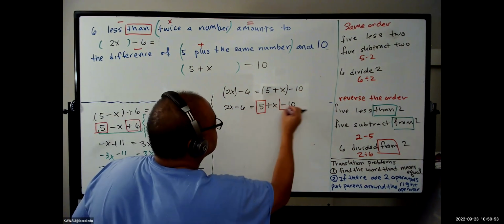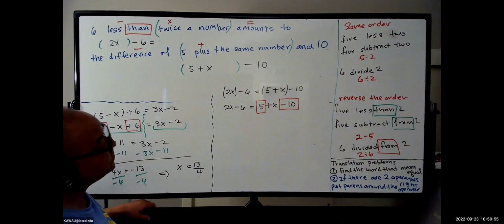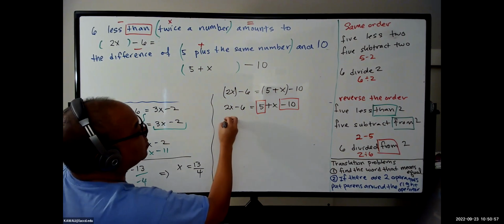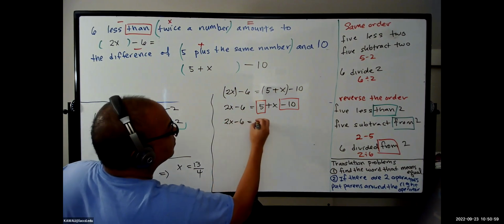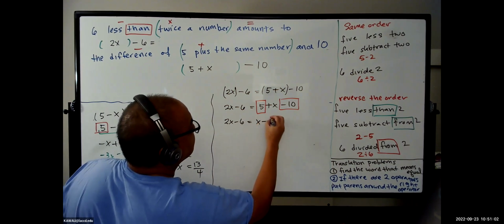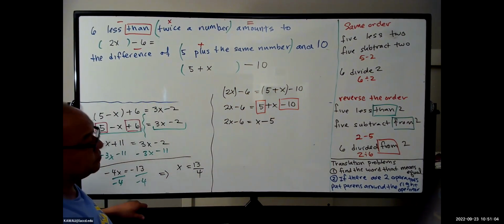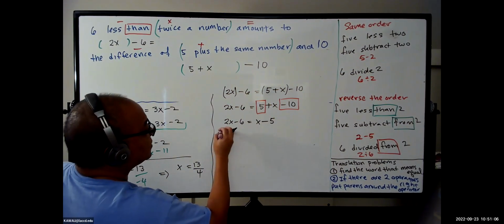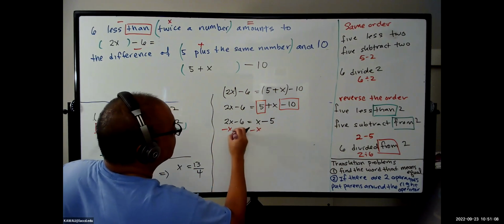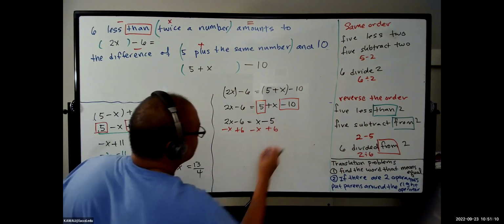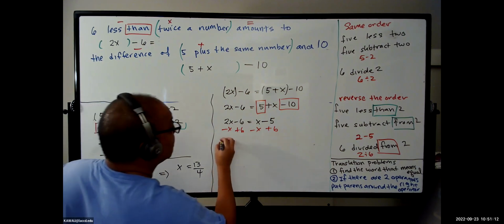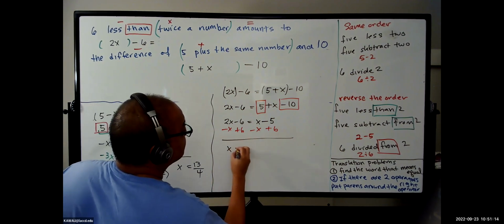So I get 2x minus 6 is equal to x minus 5. Then I subtract x, add 6, add 6. x is equal to 1.